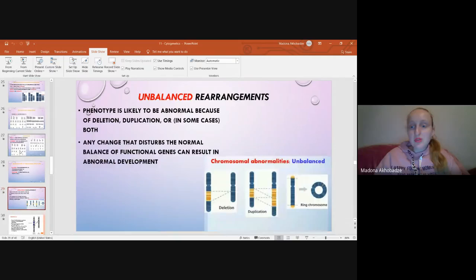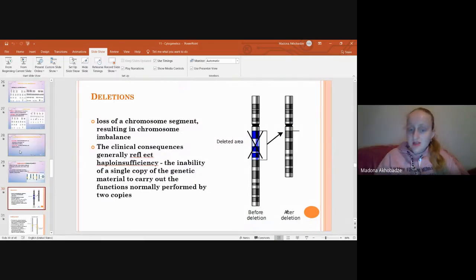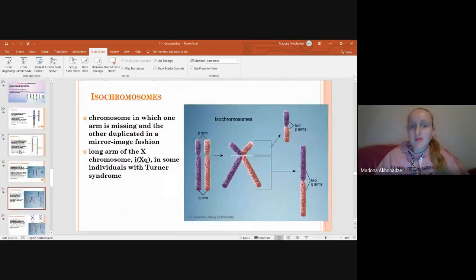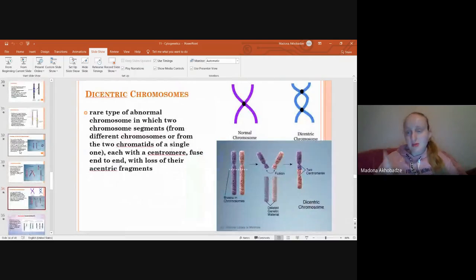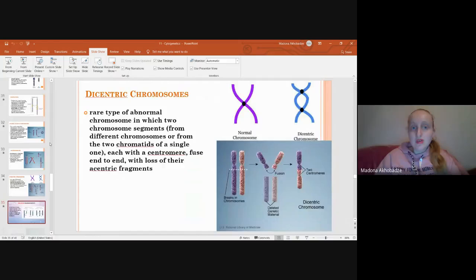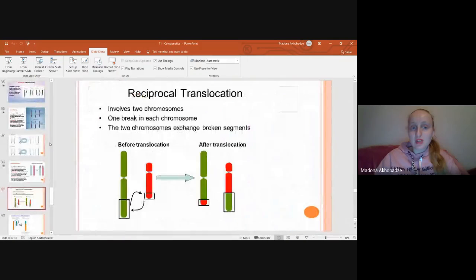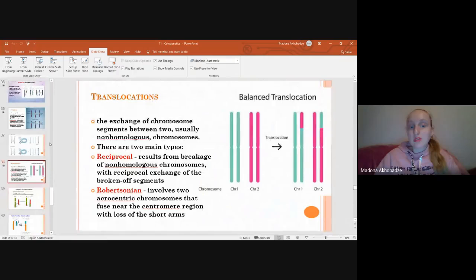For imbalanced, we talked about deletions, duplications, the ring chromosome, dicentric chromosomes too, and for balanced rearrangements, inversions and translocations, which could be reciprocal or Robertsonian.